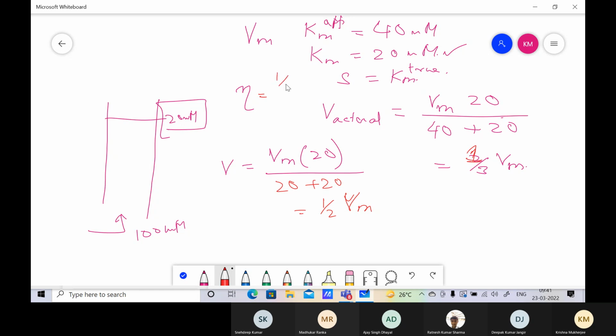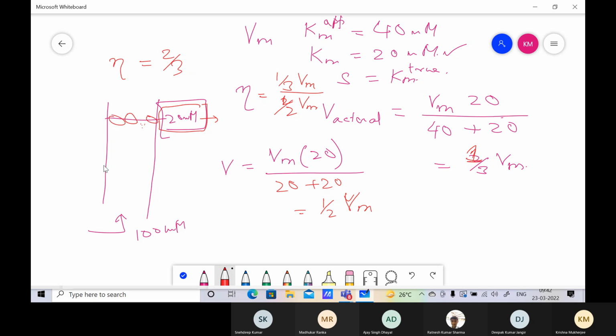So efficiency is 1 by 3 Vmax upon half Vmax. What is the efficiency therefore equal to? 2 by 3, sir. So notice that your efficiency is 2 by 3, 66%. When the substrate concentration has reached 20 millimolar, your reaction rates have been reduced by 33%, by 1/3, because of the presence of external mass transfer.